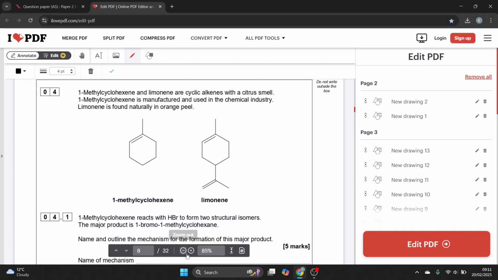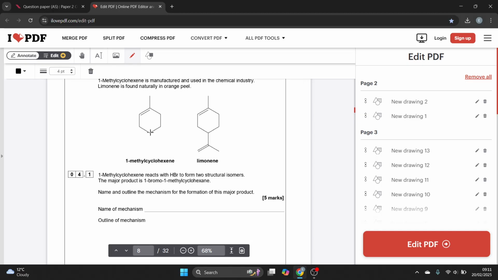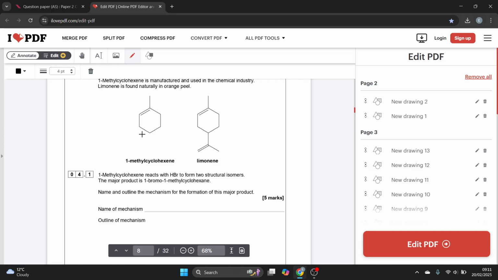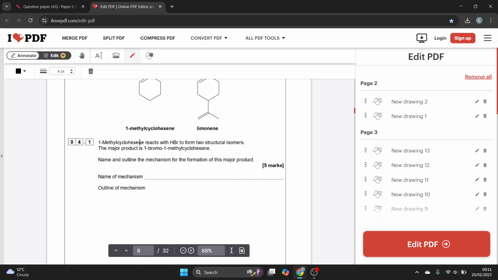Name and outline the mechanism for the formation of this major product. I know it reacts with a hydrogen halide to form 2 structural isomers. Alkenes undergo electrophilic addition with hydrogen halides. So yeah, it's going to be electrophilic addition.